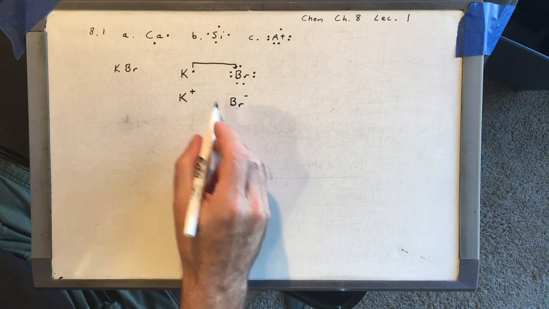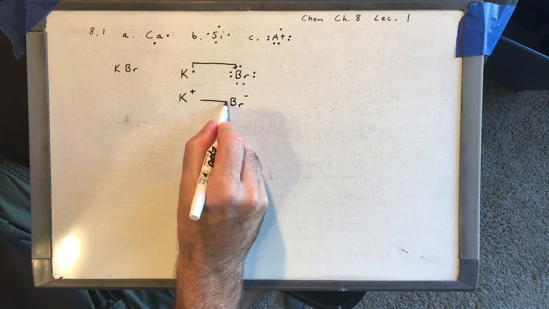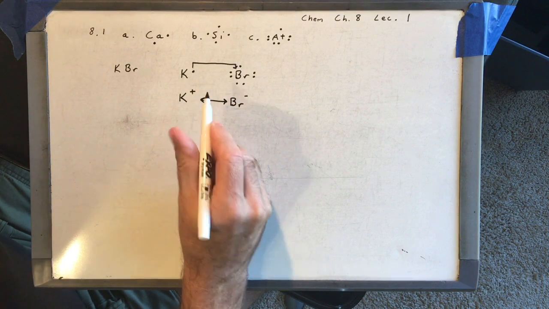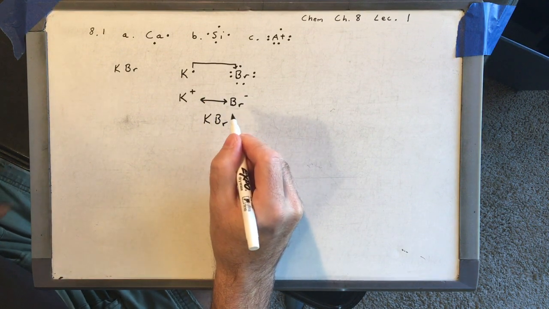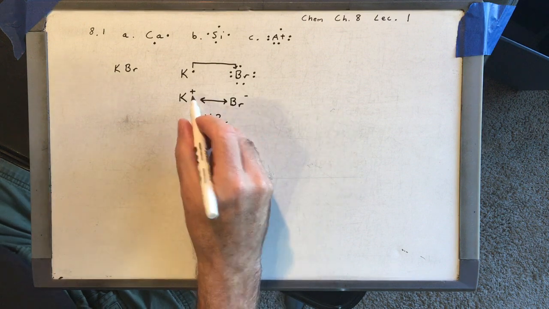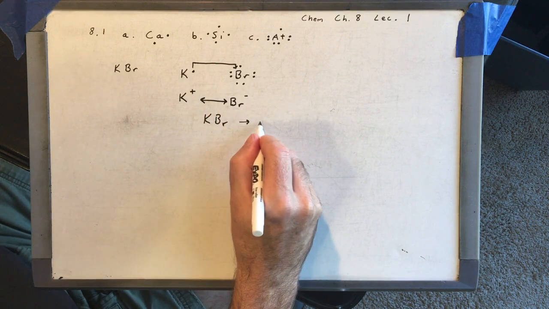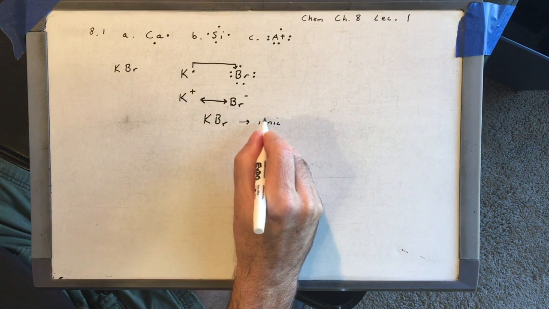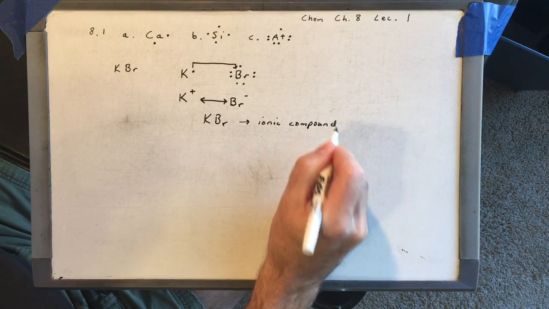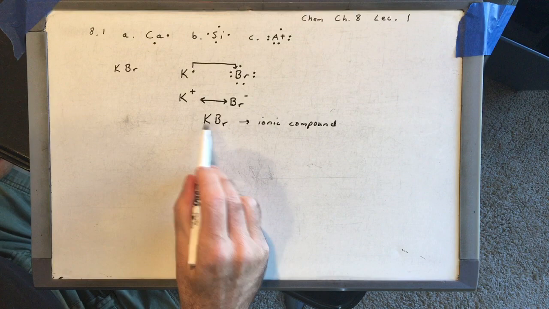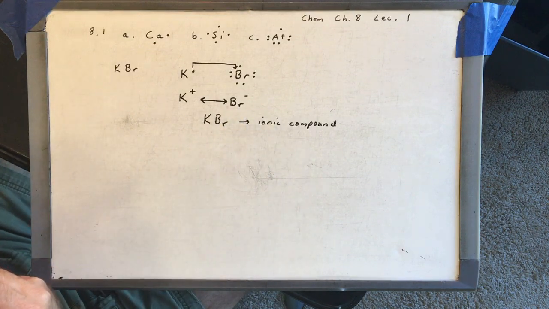Opposites attract. So these are now going to have a pull towards each other. Since those opposites attract, that plus and that minus, that's what makes this an ionic compound. Electrical charges keep the potassium and the bromine together.